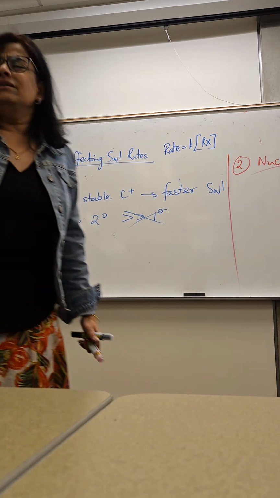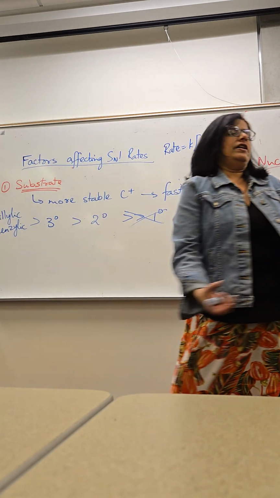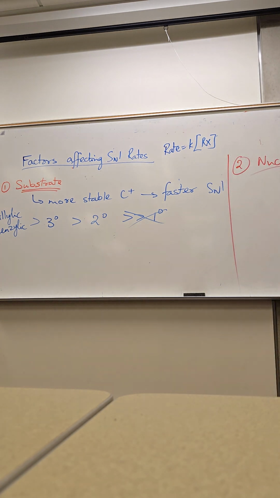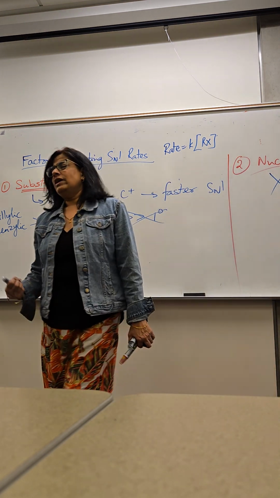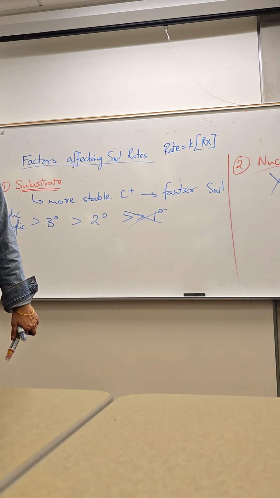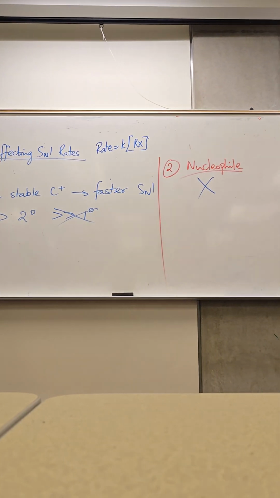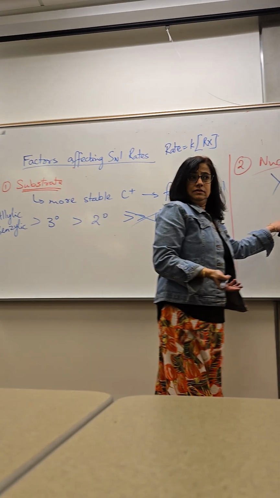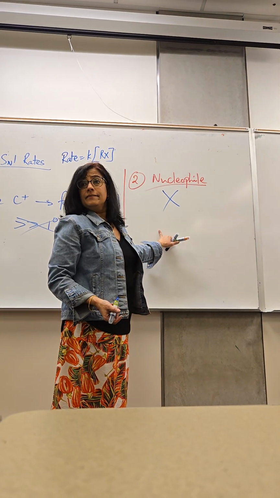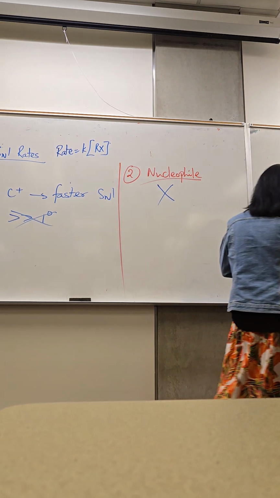No. Will nucleophile ever affect the rate of SN1 reaction? No. That is the reason why we use weak nucleophile for SN1. For SN1, it is always a good idea to use a weak nucleophile because it really doesn't matter. Everybody okay?